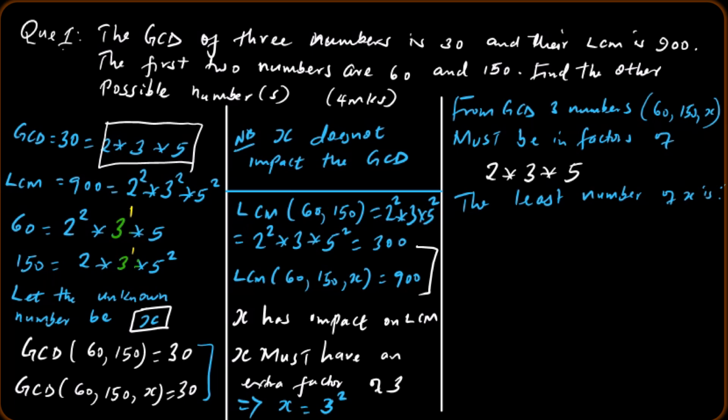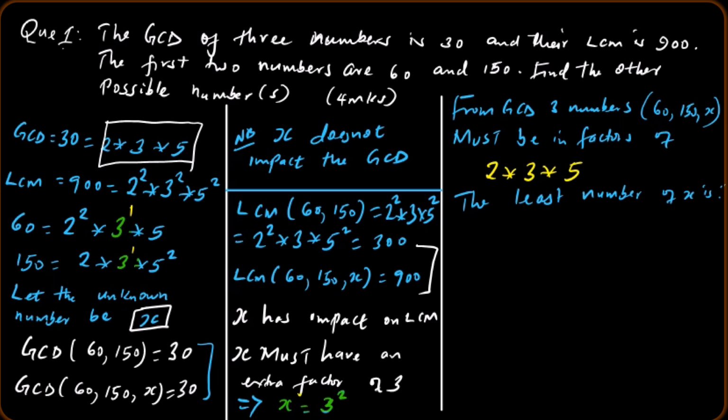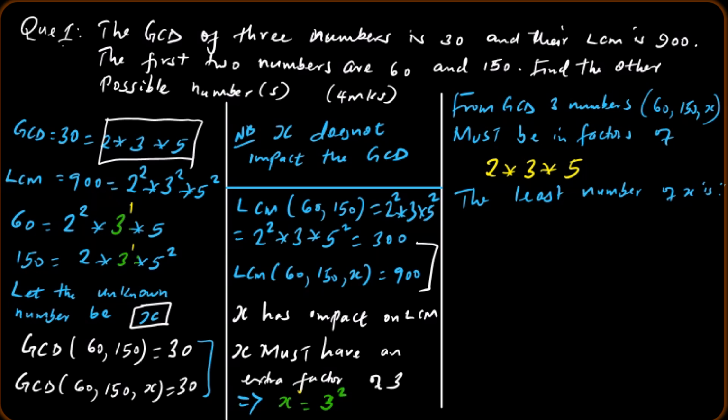Remember that from the GCD we said that we must have x in these factors 2, 3, and 5. These ones here, let me highlight those ones there. Therefore, we say that x must always come with an extra factor here, where I am highlighting here, with an extra factor of 3, which is now the 3 squared.